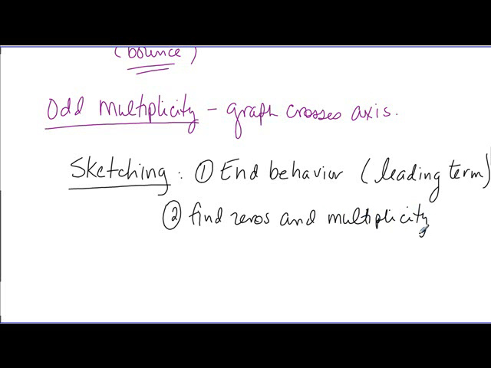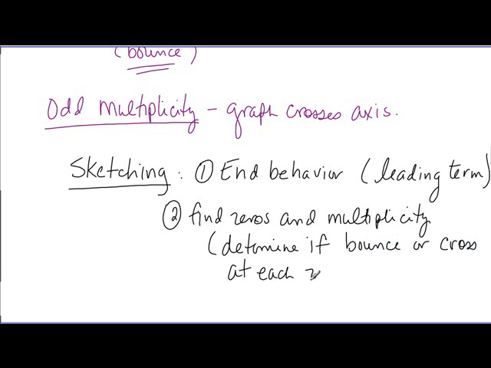Okay, so when you do that, you're also going to determine if you have a bounce or a cross at each 0. Okay, the zeros are the x-intercepts, so you're talking about what's going on in the x-axis.